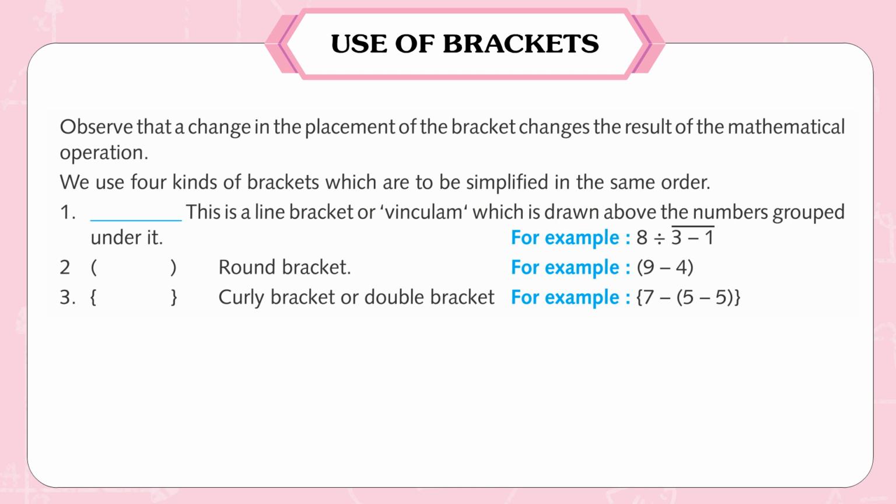For example, {7 − (5 − 5)}. 4. Square bracket. For example, 7 ÷ [4 − {3 − (6 − 5)}].